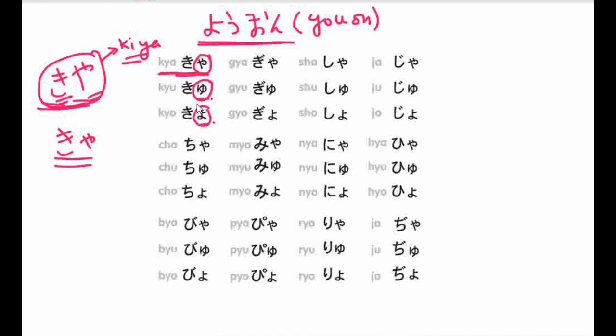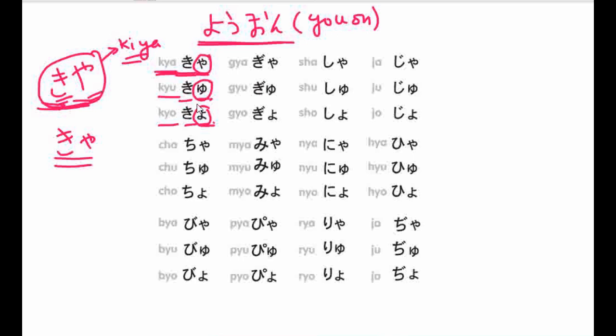And this big ki and small ya will be pronounced as kya. Likewise, ki and small yu will be kyu, and this ki and small yo will be pronounced as kyo. So this is the difference between big ya and small ya.